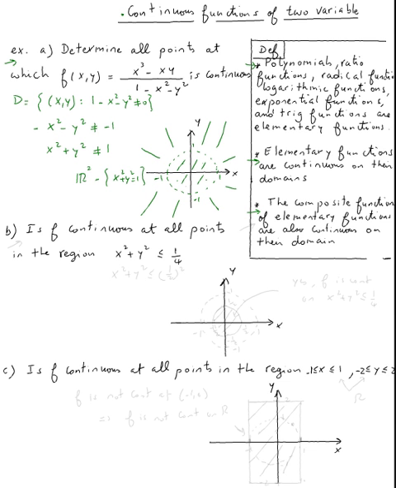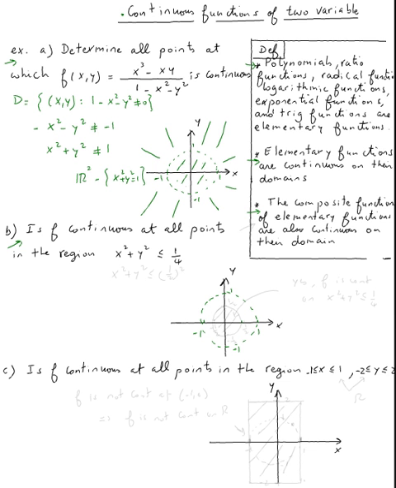Alright, so let's answer question B. Is f continuous at all points in the region x squared plus y squared less or equal than 1 over 4? Now, we know it's not continuous at these points of the circle. However, x squared plus y squared less or equal than 1/4 is this disk.